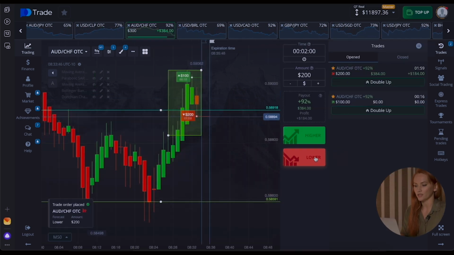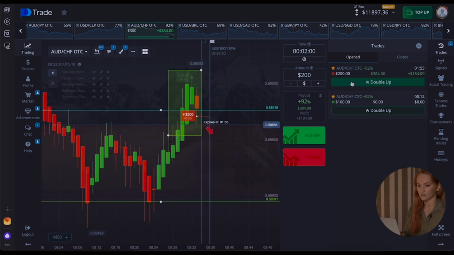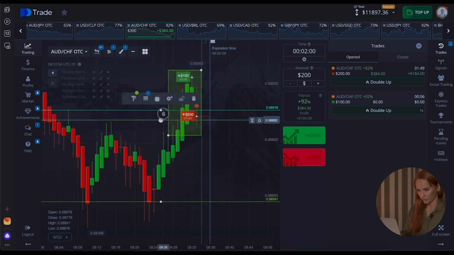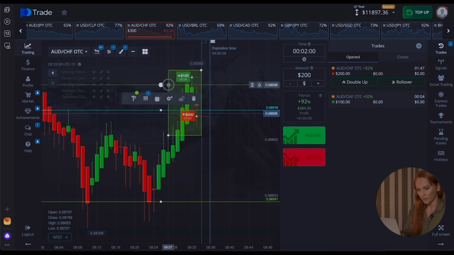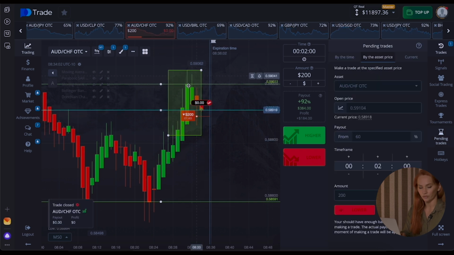I'm now opening a second sell deal to follow up because as you've seen, we now have a new extremum point. It formed in here. So we witnessed the breakthrough.